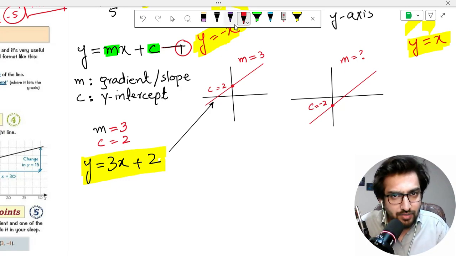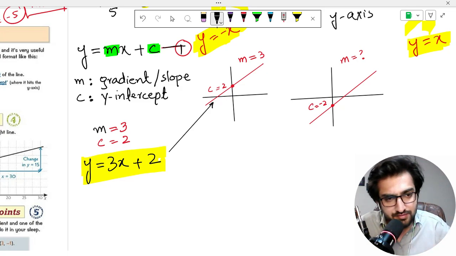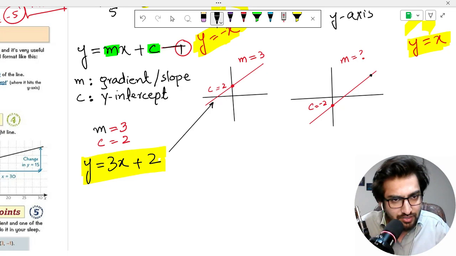Now how to find out m? Last time I explained, to find out the gradient, we need 2 points. So probably in that question, 2 points will be given to you. Let's say point A is given to you and this point is given to you.